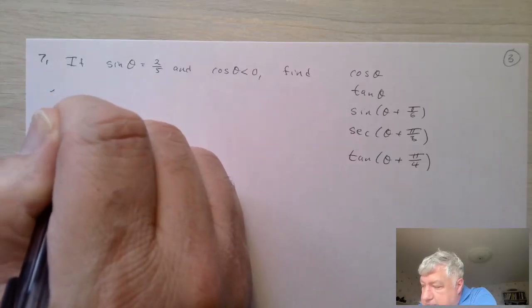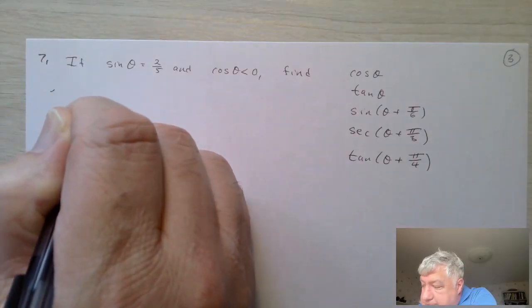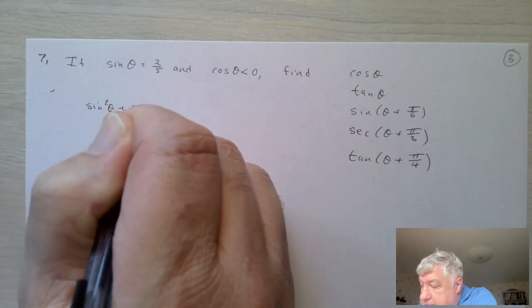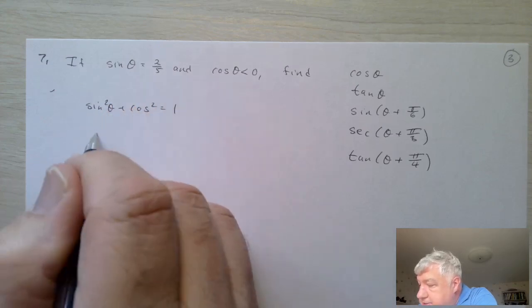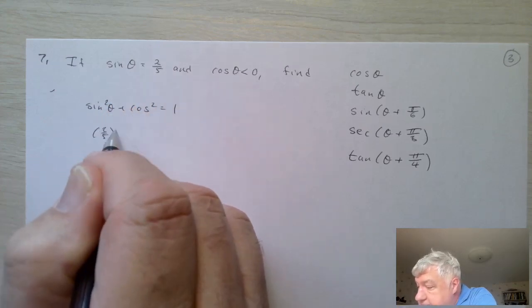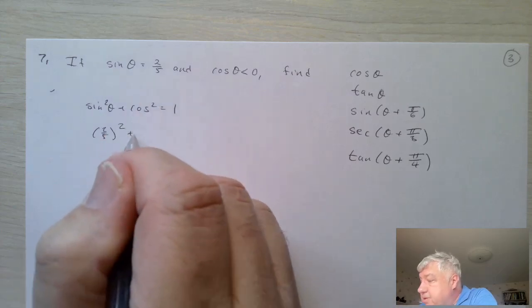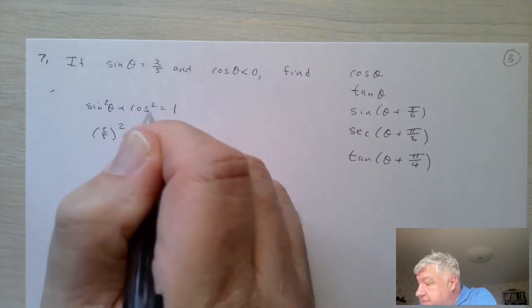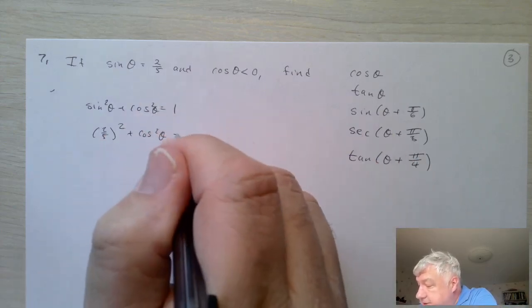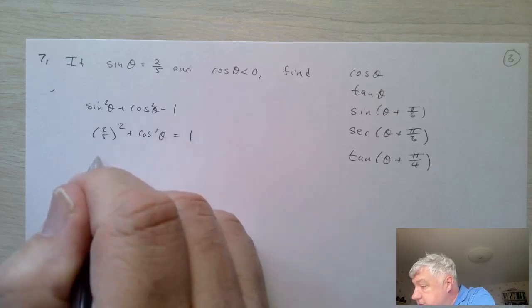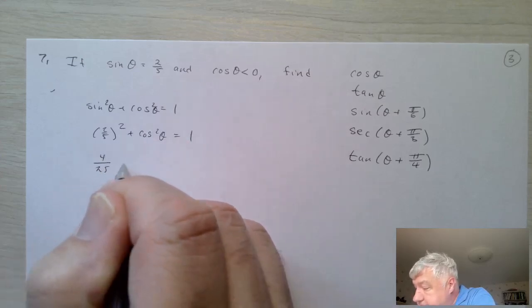We know that sine squared plus cosine squared is 1, so we have (2/5) squared plus cosine squared of theta equals 1. So this is 4/25.